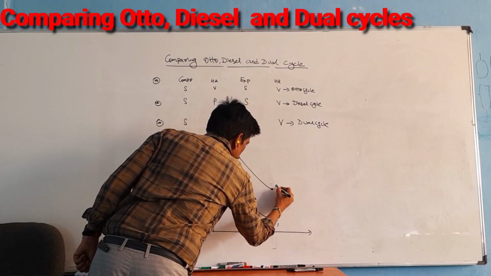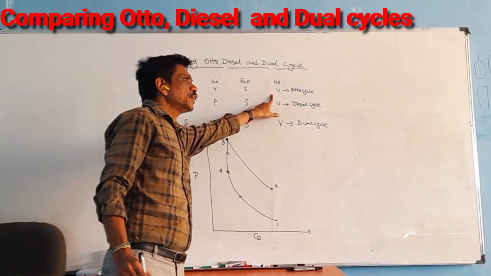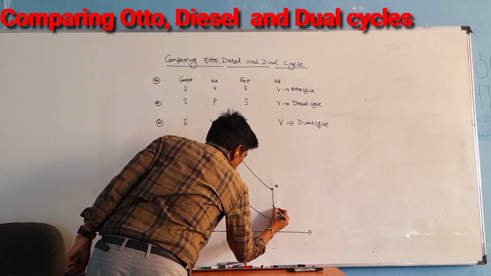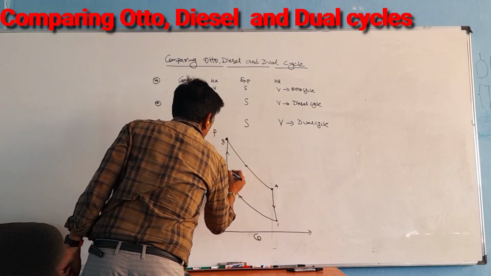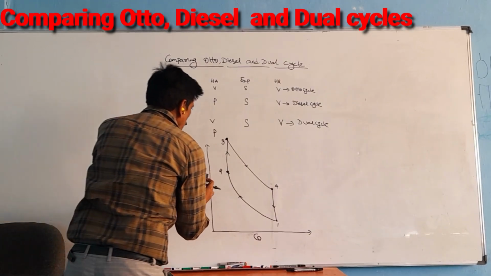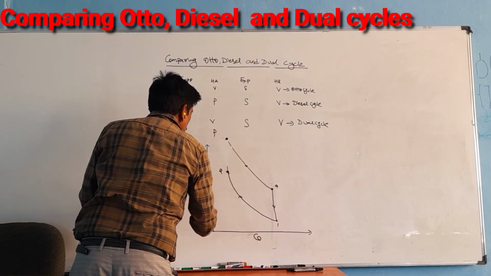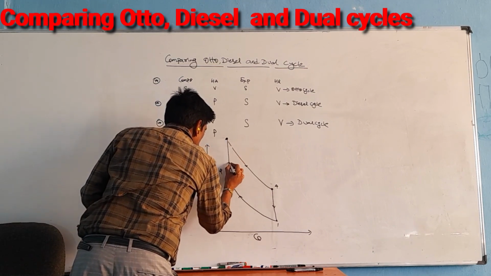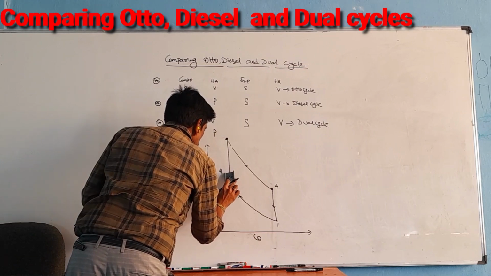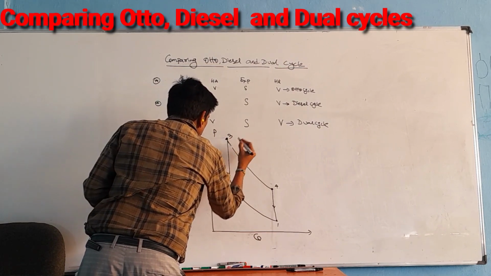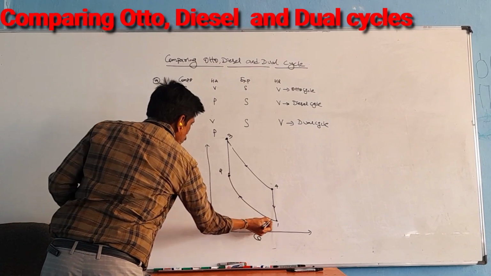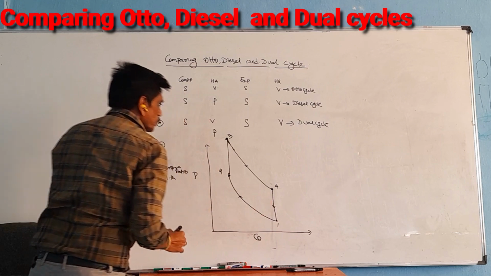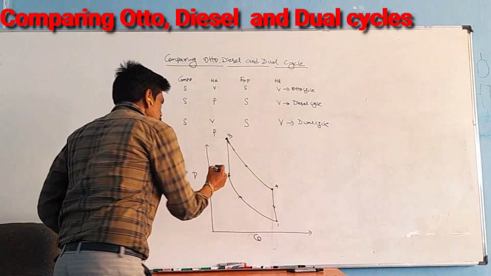And later the heat rejection is again the constant volume heat rejection. So 1, 2, 3, 4 forms the cycle. So isentropic compression, constant volume heat addition, isentropic expansion, and constant volume heat rejection.